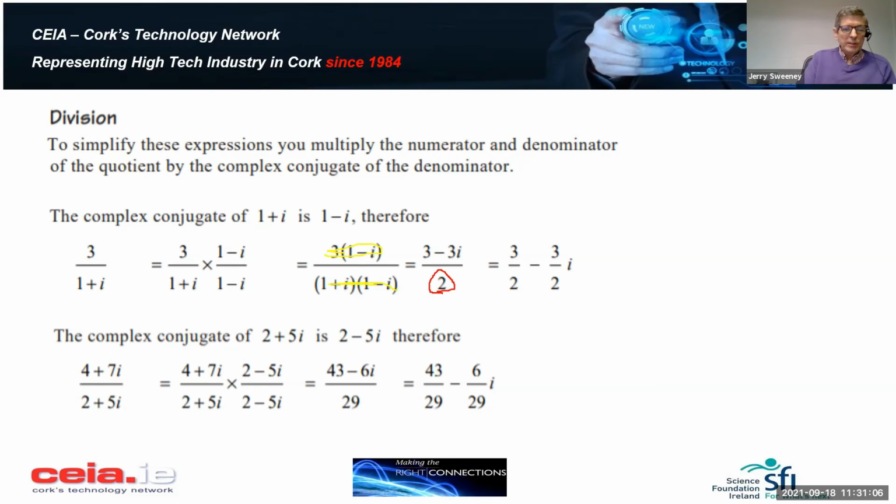And above the line, we do simple multiplication and we get 3 minus 3i. We can then separate that into a real and an imaginary part, and we end up with 3 over 2 minus 3 over 2 times I.